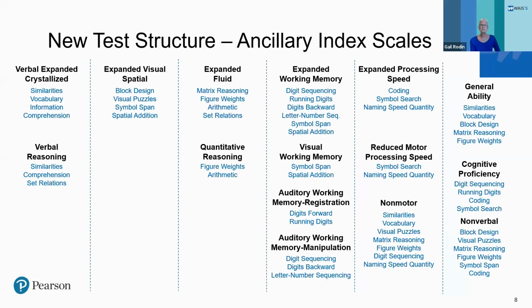And then down below that, you'll see we have a fully non-motor ancillary index scale. This is made up of similarities, vocabulary, visual puzzles, matrix reasoning, figure weights, digit sequencing, and a new subtest called naming speed quantity, which requires no motor output. None of these subtests require motor output.